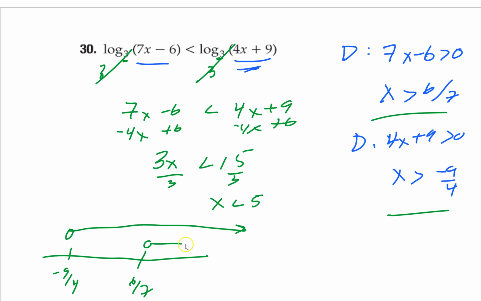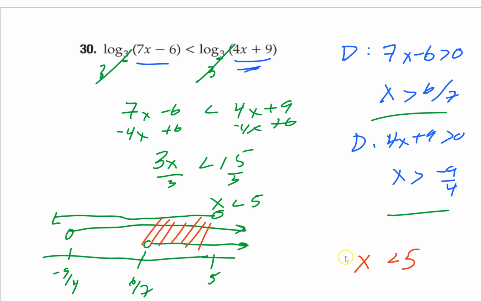Same idea, it's going that way, and then 5 going the opposite way. Remember, the way this works is where's everything overlapping? That's right here, from here to here. So my answer is in between 6/7 and 5 is the only place I could actually have an answer. So x is going to be between 6/7 and 5. And that's the idea.